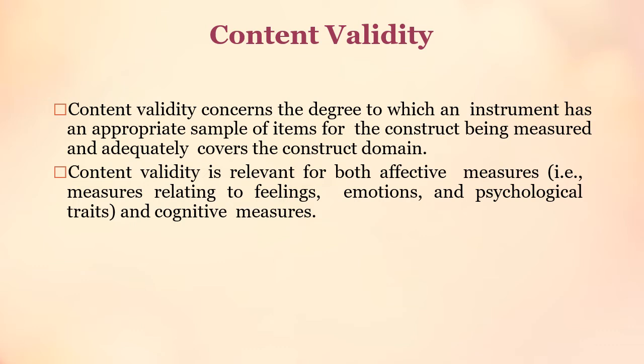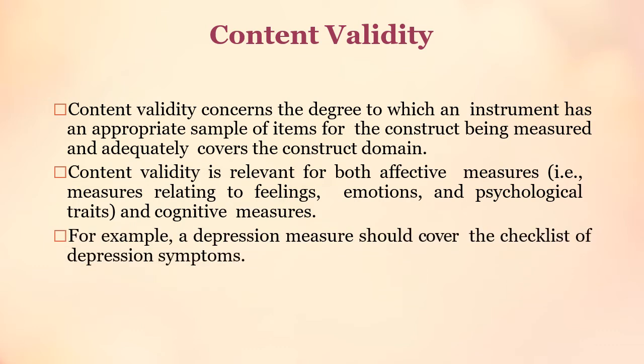That validation means whatever content we made, whether it is appropriate or not, that we are checking. Fine. So that is the content validity. Content validity is relevant for both affective measures, that is, measures related to feelings, emotions, psychological traits, and cognitive measures. For example, a depression measure should cover the checklist of depression symptoms.